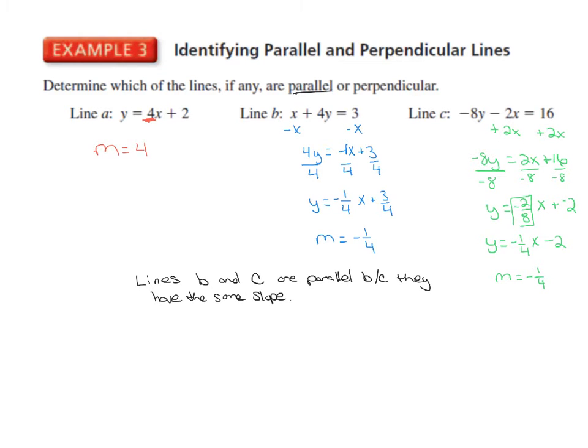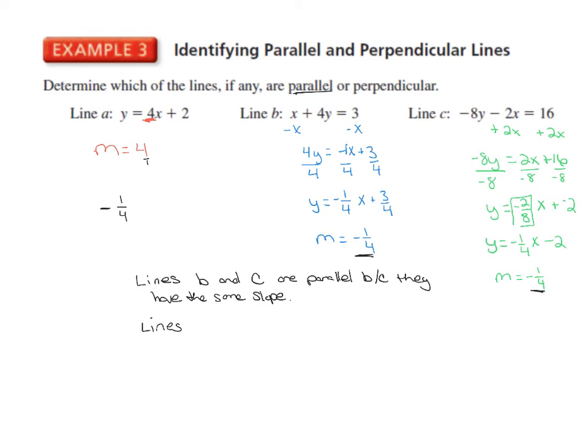Now I'm looking for perpendicular lines, and remember that perpendicular lines have slopes that are opposite reciprocals. If I was looking for the opposite reciprocal of the number 4, that's positive, so the opposite reciprocal should be negative. And 4 is the same thing as 4 over 1, so flip that over, I get negative 1/4. I see that both line B and C have that opposite reciprocal slope.